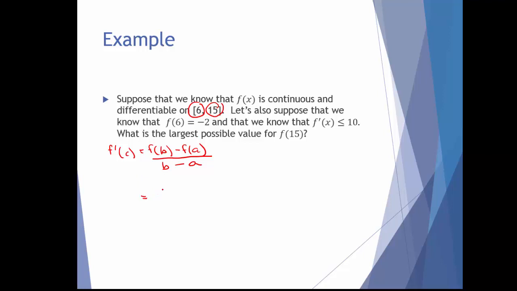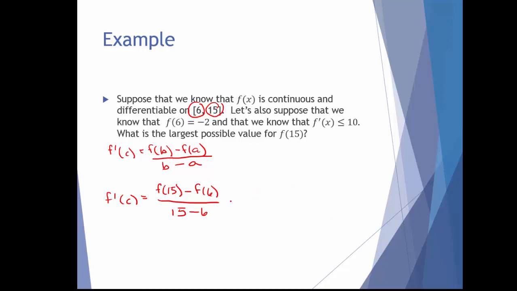So f of b is going to be f of 15. F of a is f of 6, and then b is 15, and a is 6. And we know that the derivative at some number c has to be equal to this. And you're guaranteed that c falls somewhere in between 6 and 15.